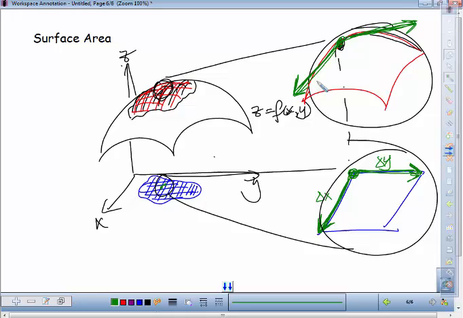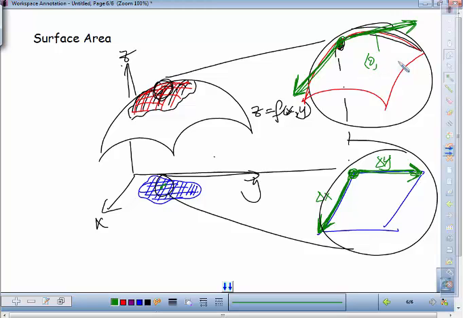Now, if I recall correctly, that was a quiz question. Well, let's take a look at those tangent vectors. Let's take a look at this first tangent vector. This is going along the y, and it's not moving in the x. So I'm seeing this as 0 in the x direction.